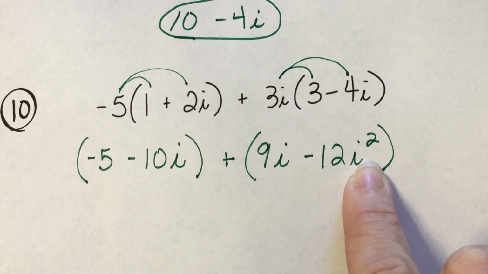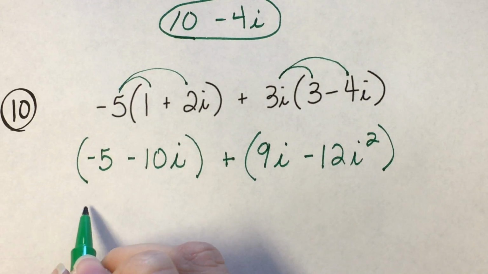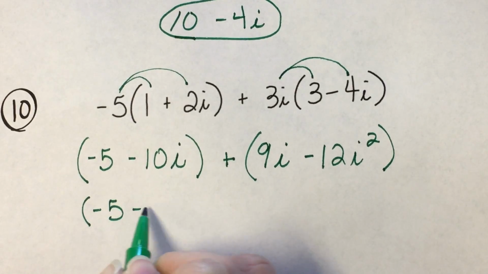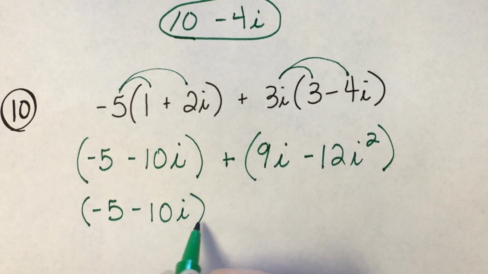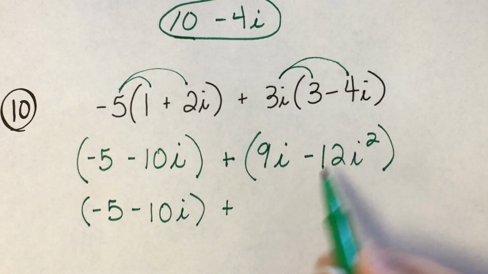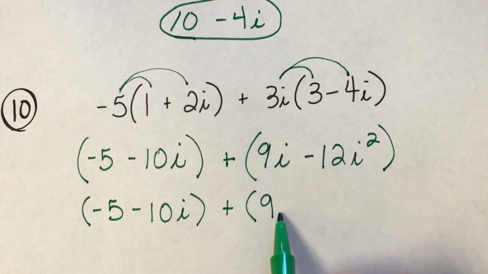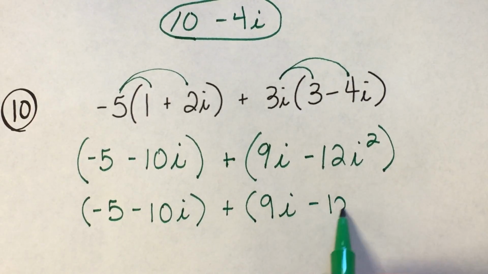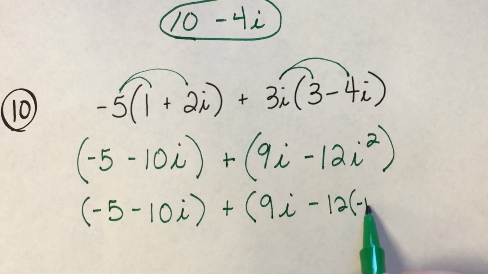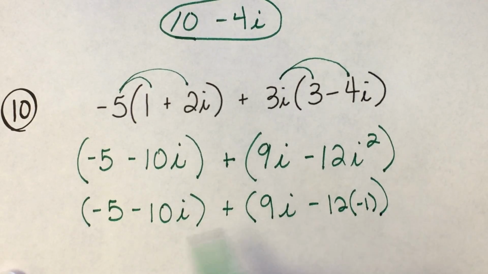So if you notice on any problem that you come across an i squared, you have to replace it with a -1. We've done that on every problem that it's come up on so far. All right, so this first complex number is going to stay the same. So I'm going to replace, again, my i squared with -1.